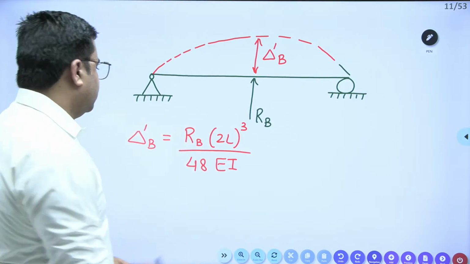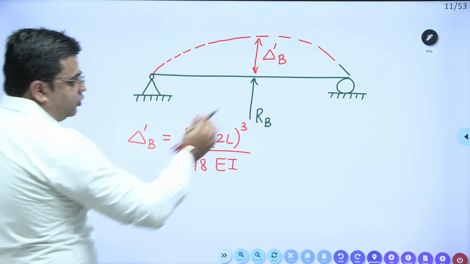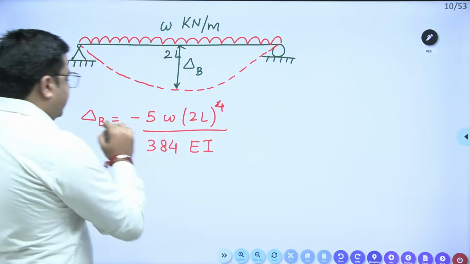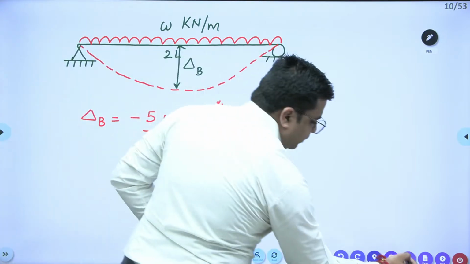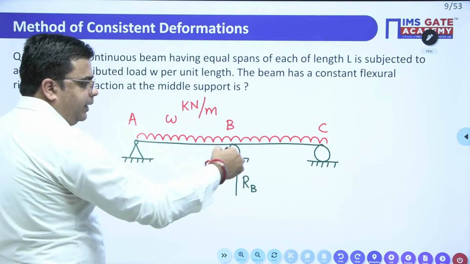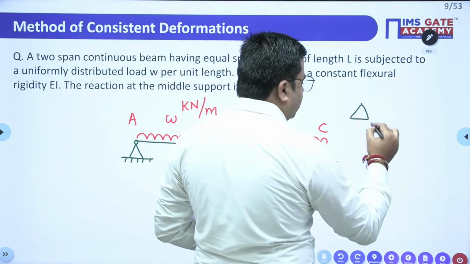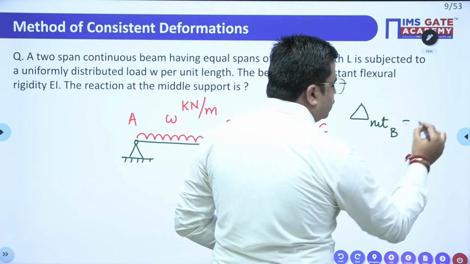Okay, so this delta dash B is due to this RB, and here we have delta B due to this unit load. Now in this beam, as we have seen, due to this RB, the net delta at B has to be 0.